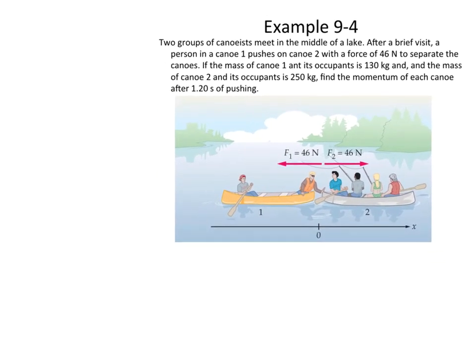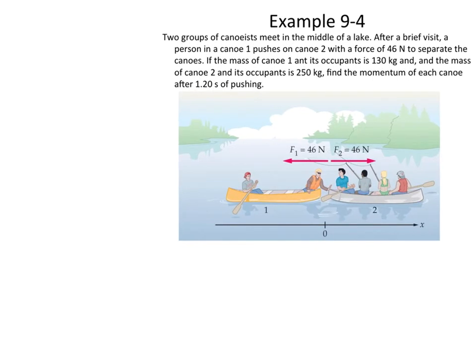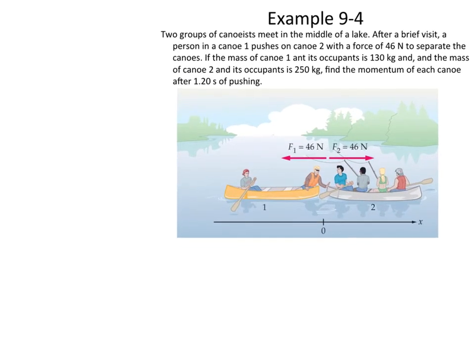All right, so we can write down everything that we know on the left. Mass 1 equals 130 kilograms, and mass of canoe 2 equals 250 kilograms. All right. The force applied. And you know what? I'm going to write that below here.